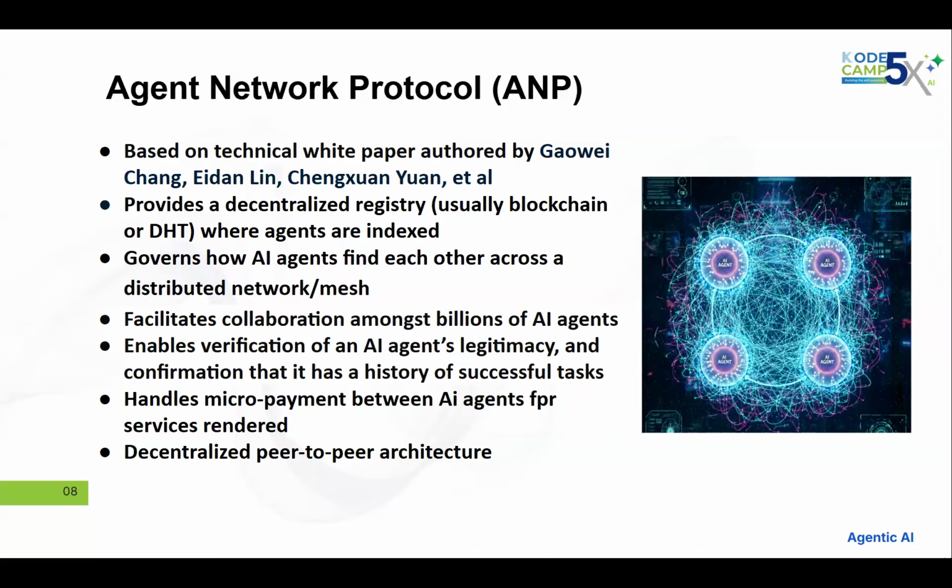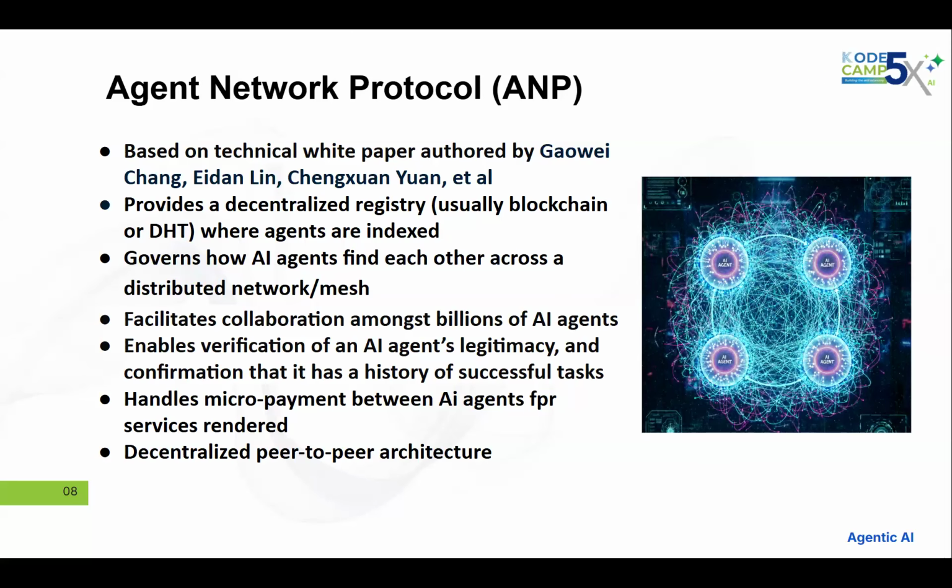I think I talked about it being like an AI agent marketplace. When you have an indexed registry, decentralized in this case, perhaps using blockchain, that makes it easy to search for agents for any particular use case.